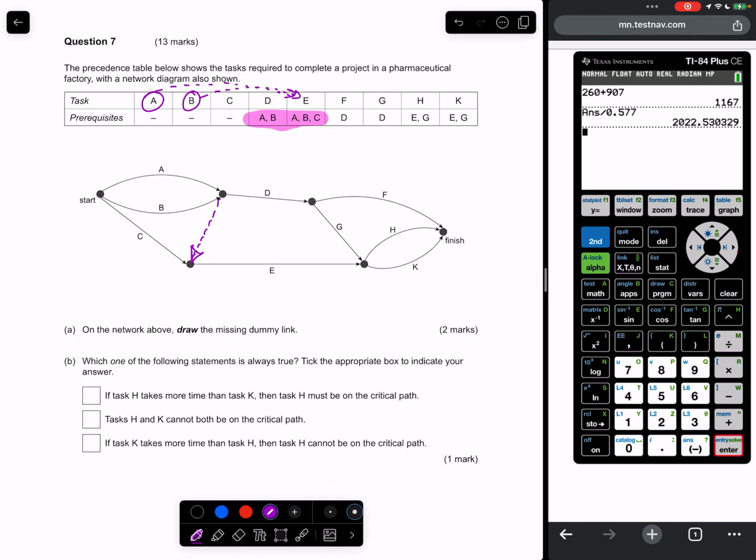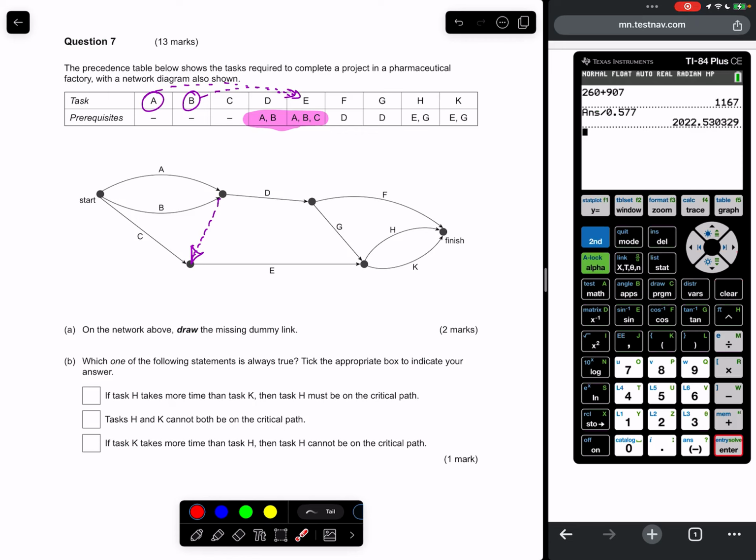Which one of the following statements is always true? Tick the appropriate box to indicate your answer. If task H takes more time than task K: not necessarily that, because if F took longer, then that would be the critical path.